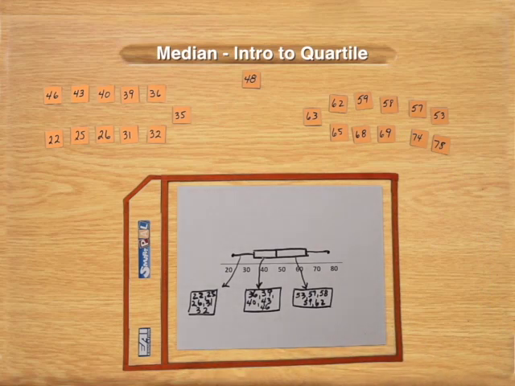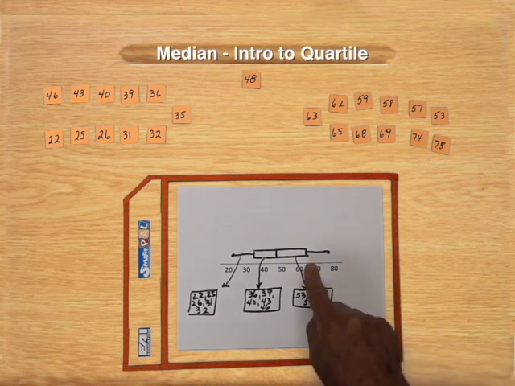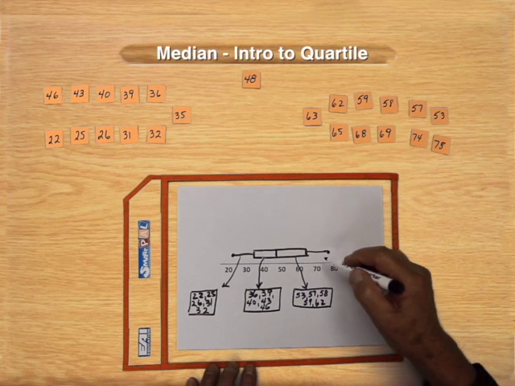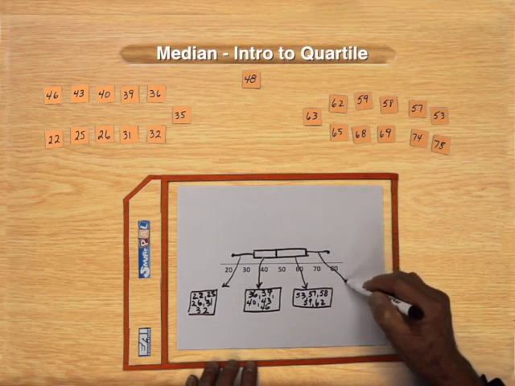And finally, what we're going to do is find all of the numbers that are between this line, which represents 63, and this dot, which represents 78. So we're going to draw a line out to this box.